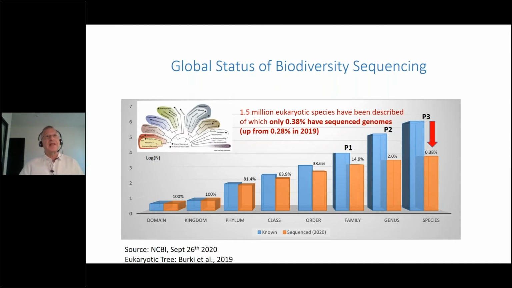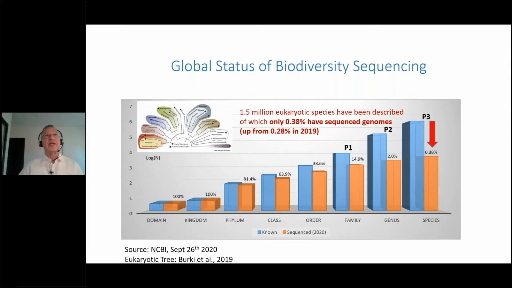If you look at the level of the genus, about 2% of all 150,000 genera have been sequenced, and about 15% of the eukaryotic taxonomic families. Now, the reason you have P1, P2, and P3 there is because those are the phases of the Earth BioGenome Project. Phase 1 is to sequence a representative species from each eukaryotic family.